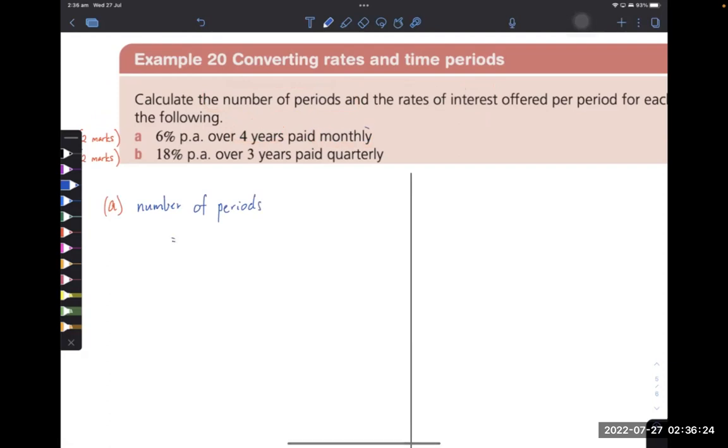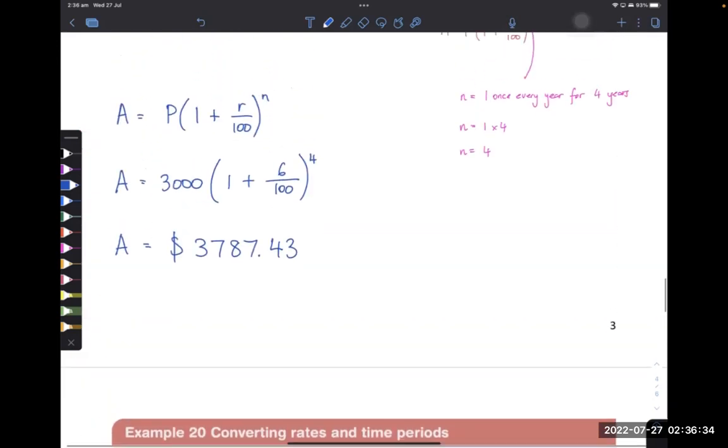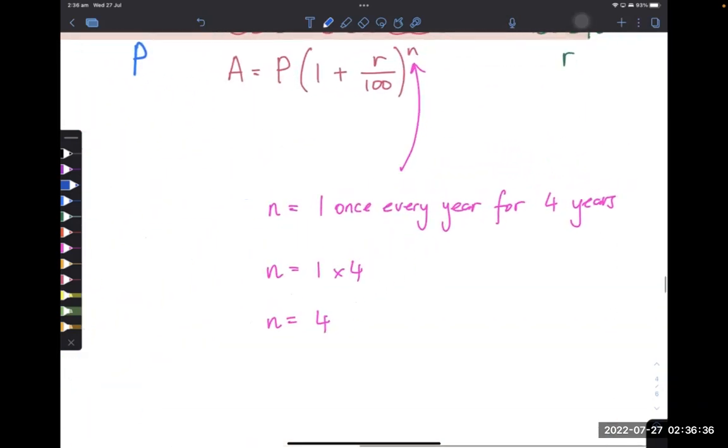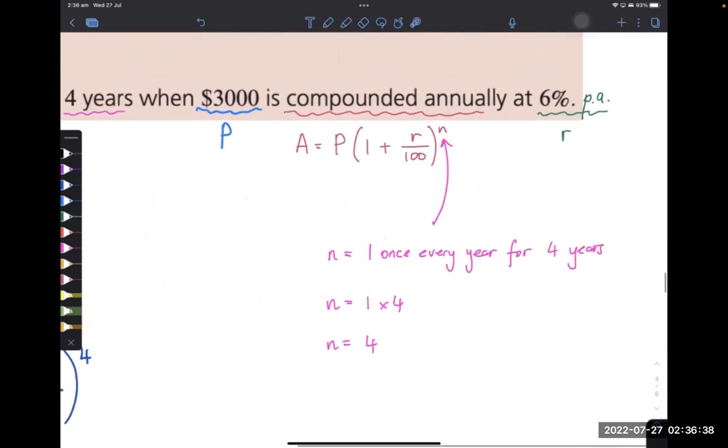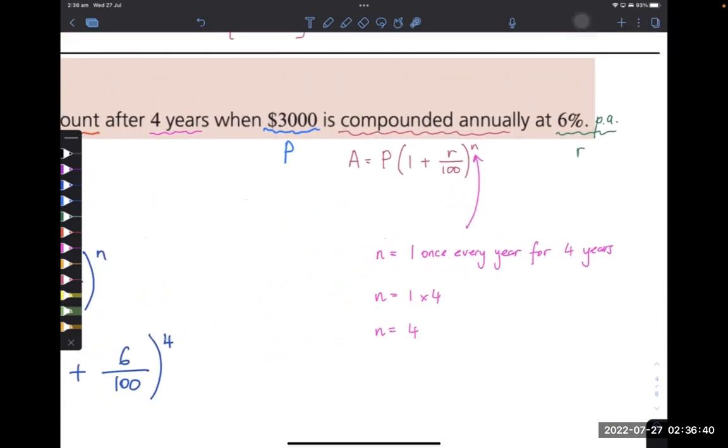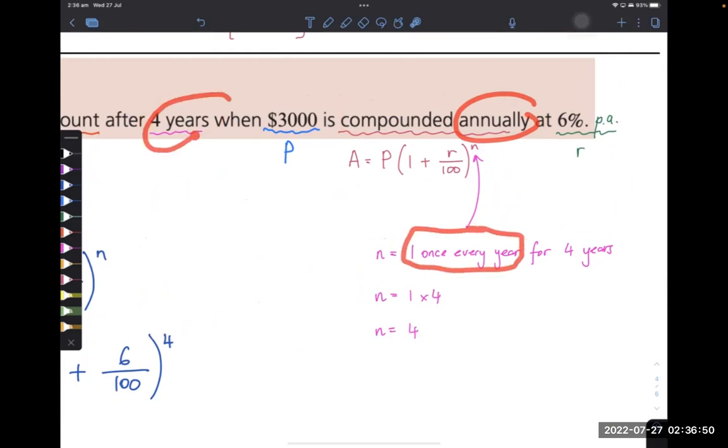You can see here that this is the section that we want to focus on because it says 4 years paid monthly. Now in the previous video, we did focus on this section here, and it said 4 years compounded annually. So what this means is that annually means once every year, and we're compounding it for 4 years.